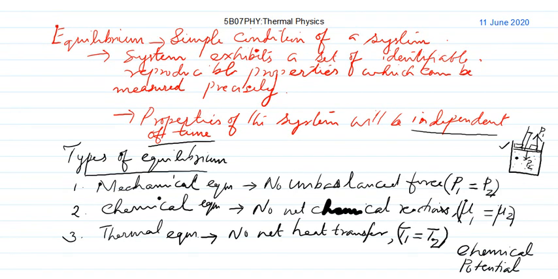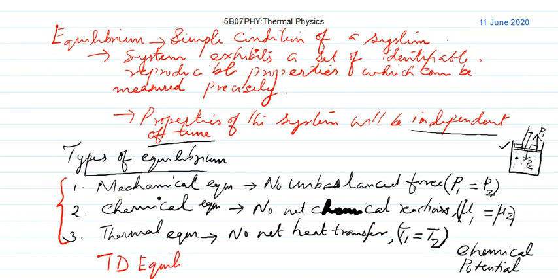Whenever a system is in a combined state of mechanical, chemical as well as thermal equilibrium, we will say that the system is in thermodynamic equilibrium.